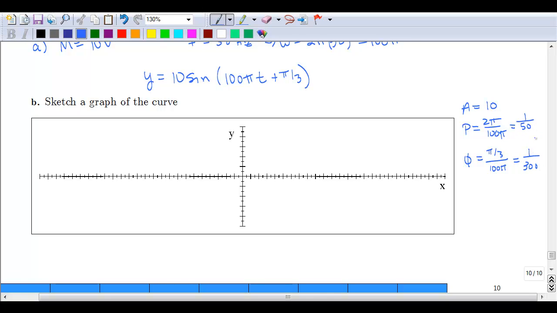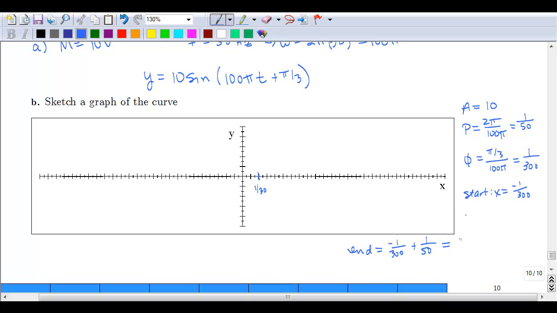If we go by 300ths as far as our units go, so 1 over 300, that's a positive in this case, so we are going to have our starting point at negative 1 over 300. And our ending point is going to be at negative 1 over 300 plus our period, which was 1 over 50.